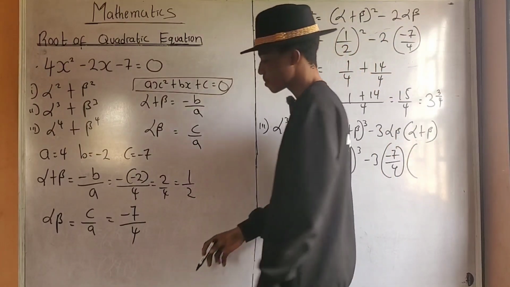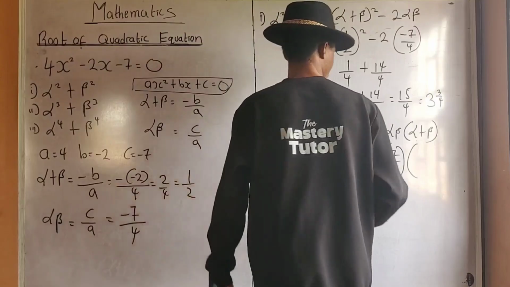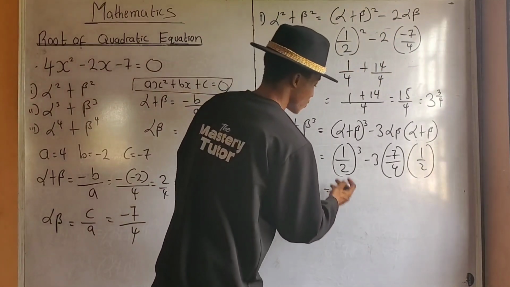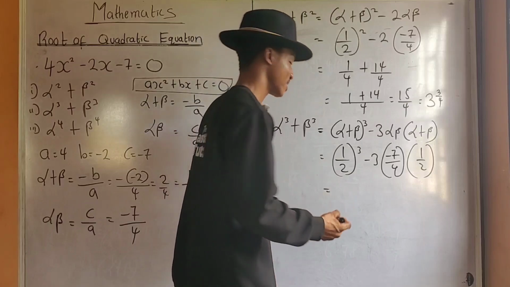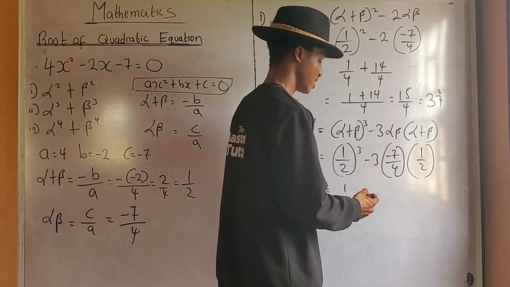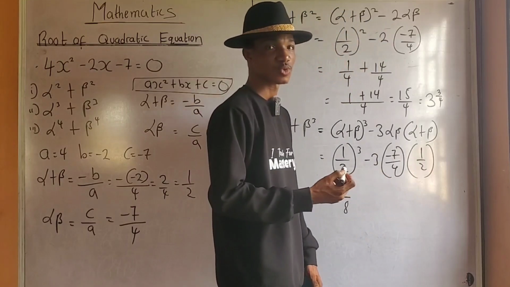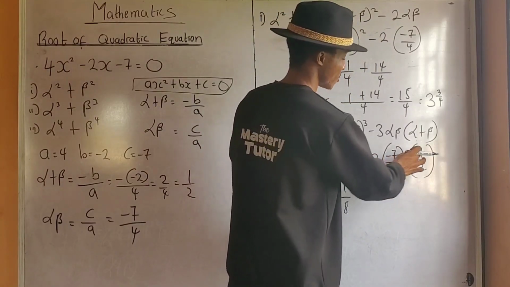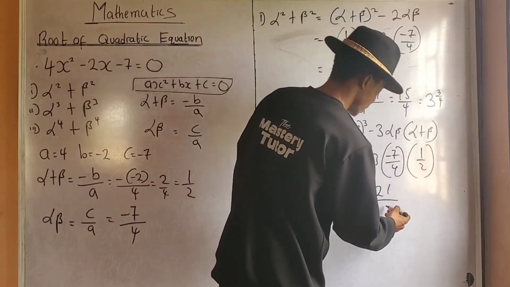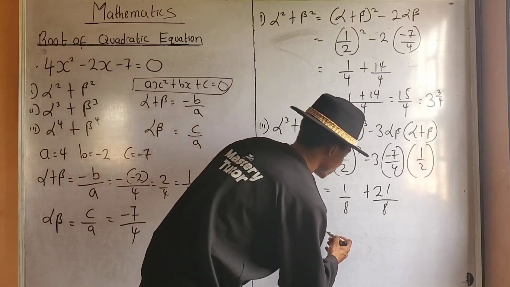Don't forget that alpha plus beta is 1 over 2, so I'm going to substitute it as 1 over 2. Okay. So here I'm going to have 1 over 2 raised to the power of 3, that is 1 over 8. Yes. Minus 3 times minus 7, that is positive 21, right? Positive 21 times 1 is positive 21 all over 4 times 2, that is 8, right? Okay. The LCM here is 8.